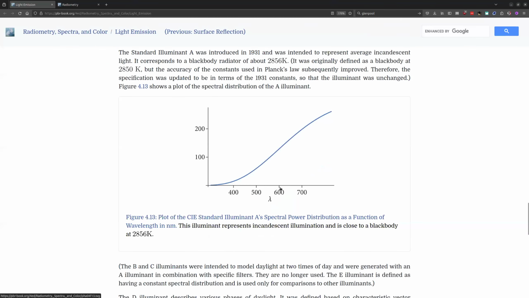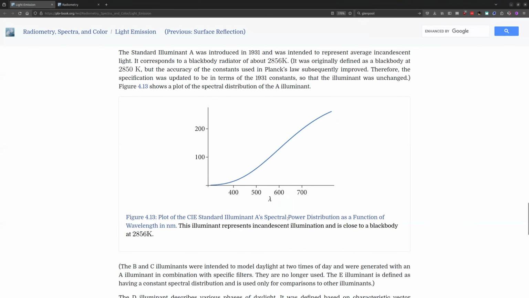Power distribution as a function of wavelength in nanometers. So a black body radiator at 2,856 Kelvin emits this amount of power at each wavelength.